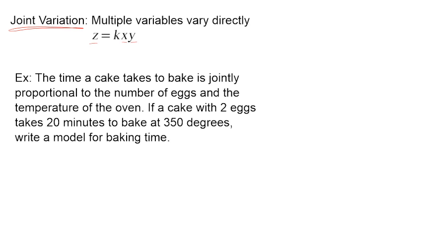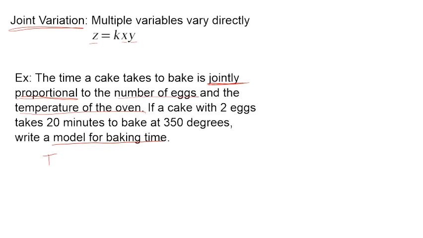So the time a cake takes to bake is jointly proportional to the number of eggs and to the temperature of the oven. If a cake with 2 eggs takes 20 minutes to bake at 350 degrees, write a model for baking time. So our goal is to come up with a model for baking time. So it looks like we've got 3 variables happening here.